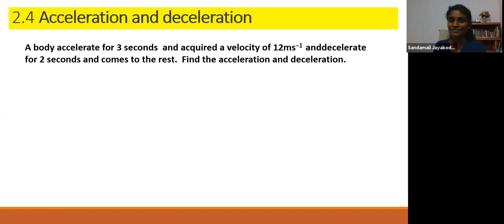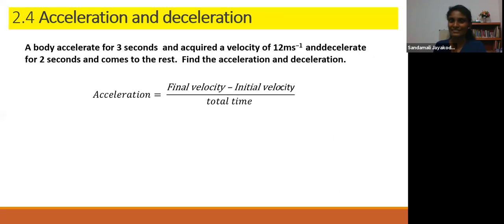We can use this equation. Can you both find both acceleration and deceleration? Silent, why? Is that difficult? Then let's try together.